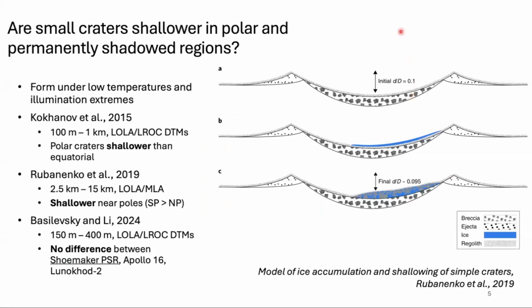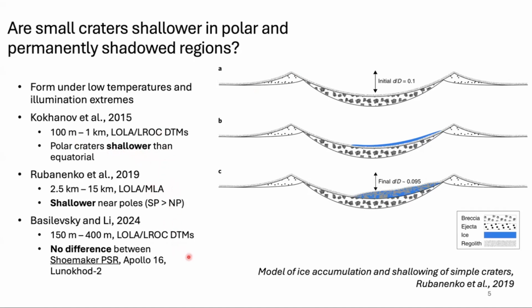And a few other previous works have looked into the question specifically of whether depth diameter is significant in polar or permanently shadowed regions on the moon versus equatorial regions. And some have found that across varying diameter ranges, the depth diameter ratio was shallower in general in polar regions as well. Sorry, these were both in polar regions.